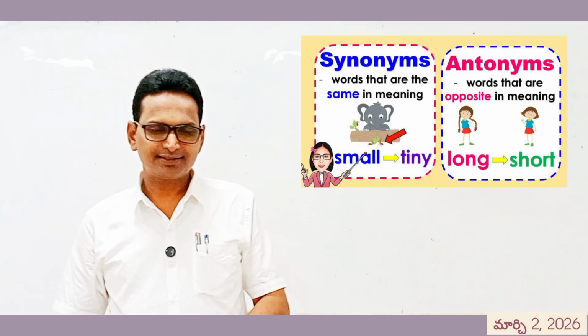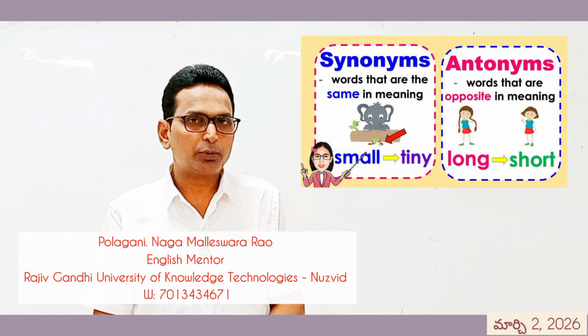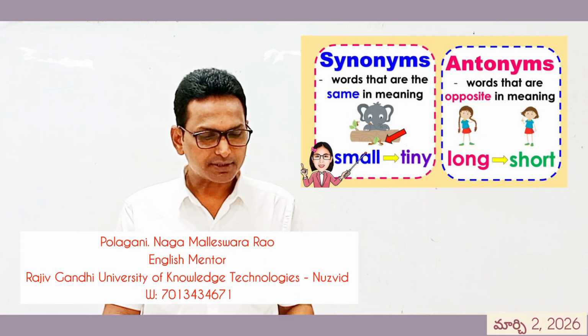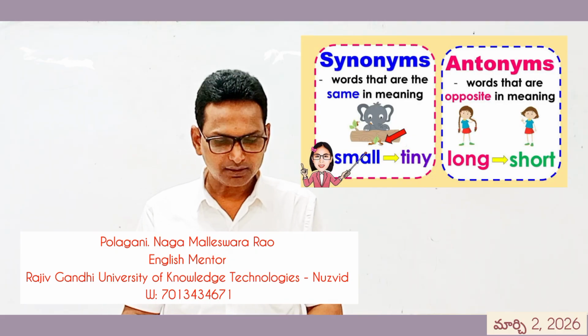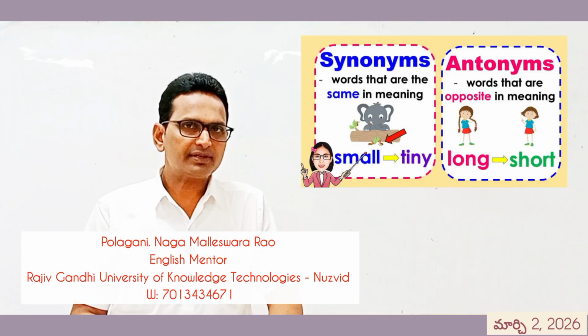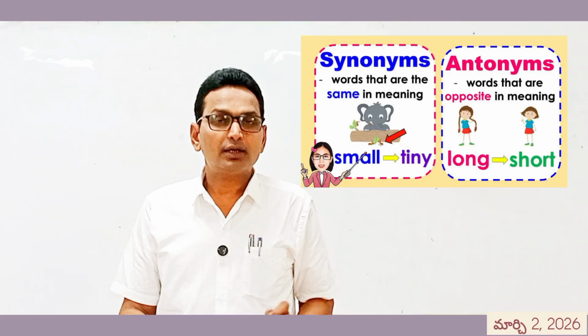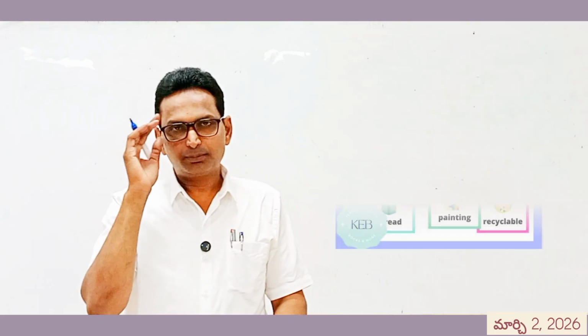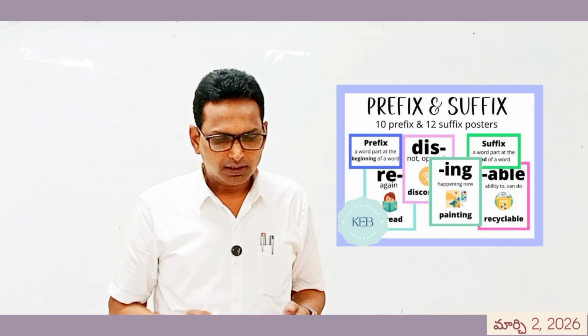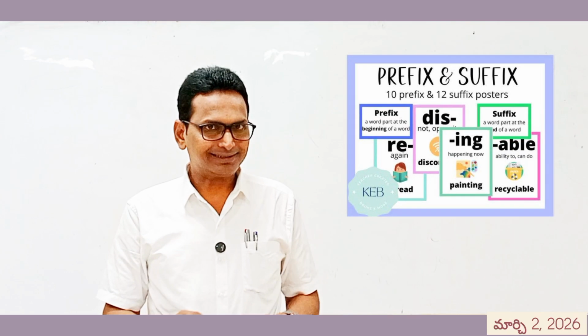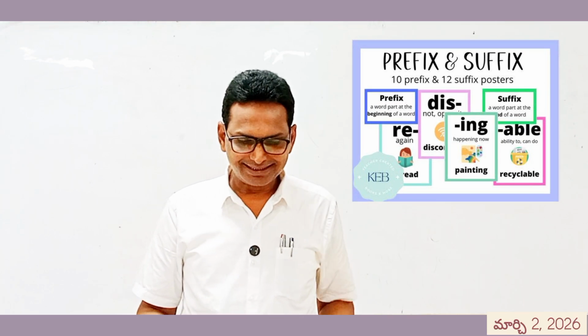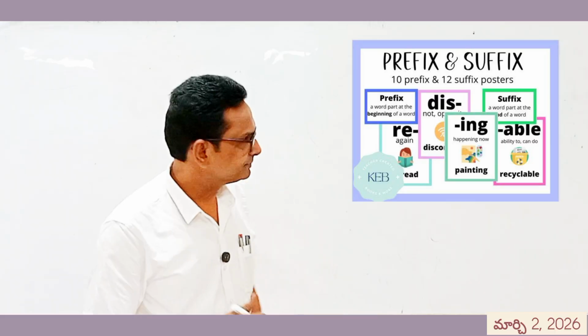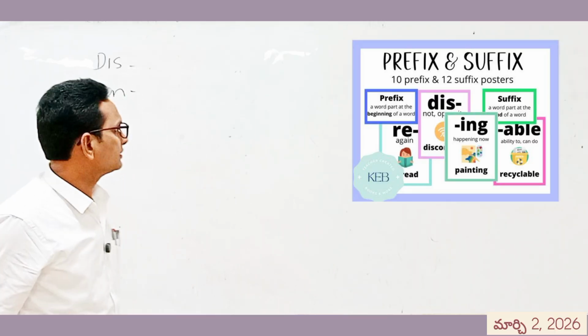Hello, dear students. We've been exploring synonyms and antonyms. We've seen in the previous video lecture the importance of prefixes. Some examples regarding this area are dis, non, un, mis.